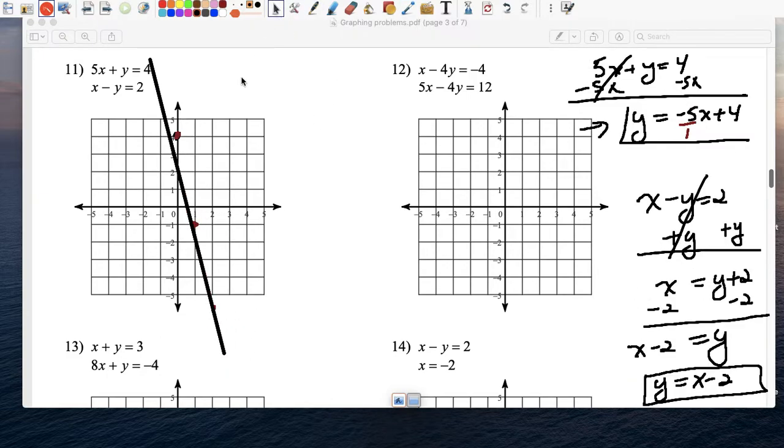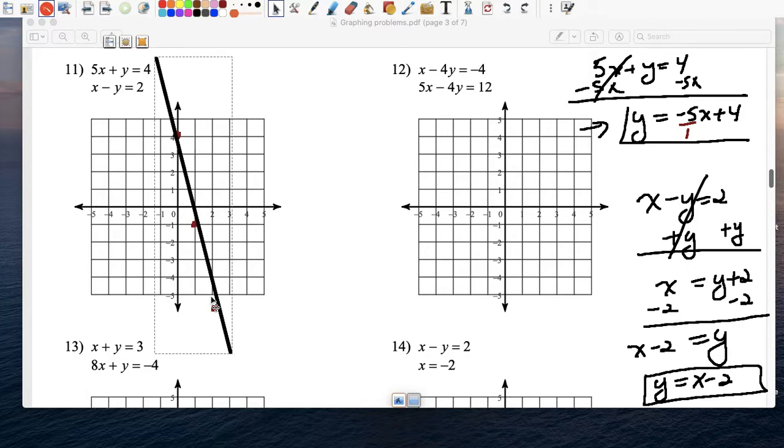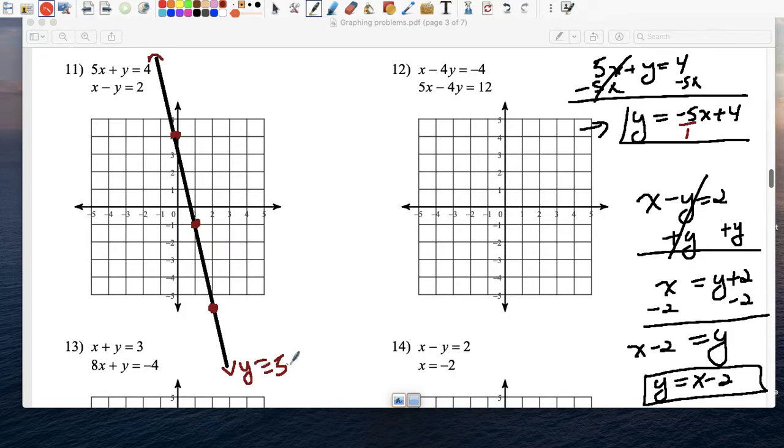I hope it doesn't shift. Get a ruler, do a better job than I do, and make those dots a little bigger. Arrow, arrow, and we'll call this y equals negative 5x plus 4.